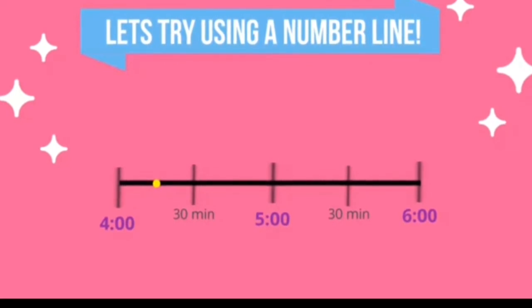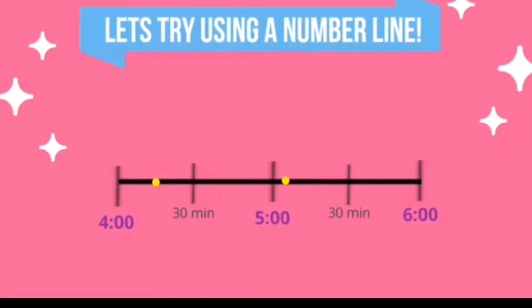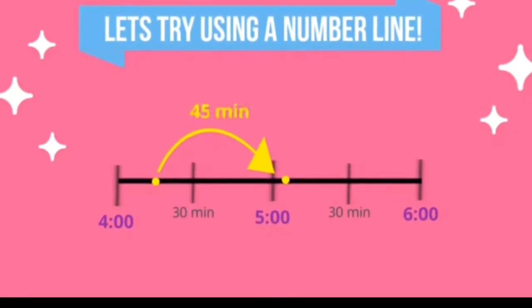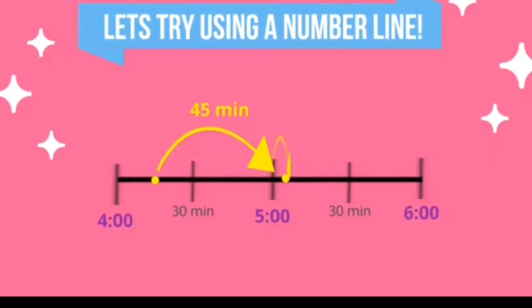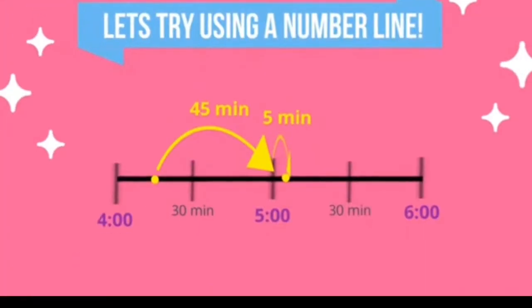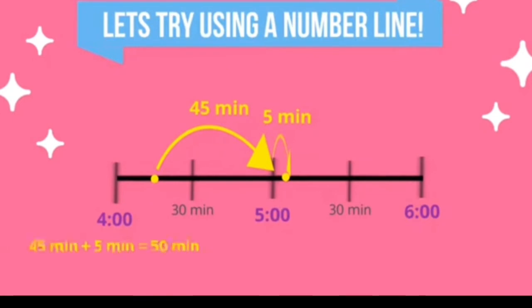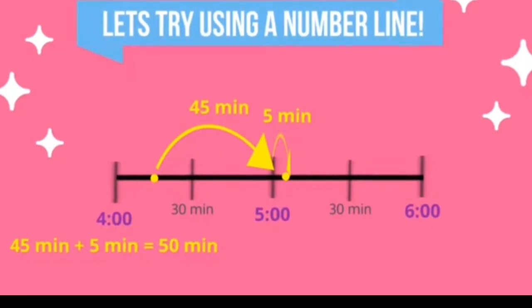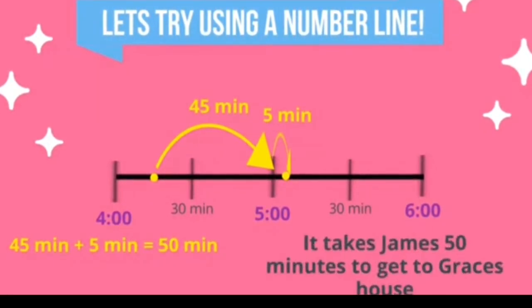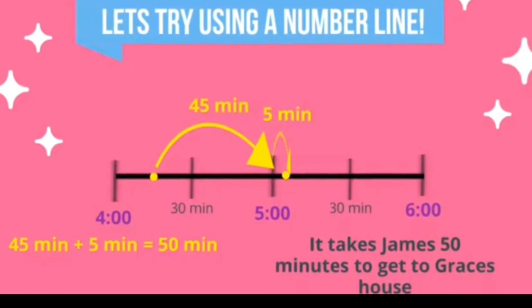Make a point for when he gets to Grace's at 5:05. Draw an arrow from the first point to the nearest hour. This is 45 minutes. From the 5th hour, draw an arrow to the arrival point. This is 5 minutes. Add 45 minutes and 5 minutes to get a total of 50 minutes. Now we have our answer. It takes James 50 minutes to get to Grace's house.